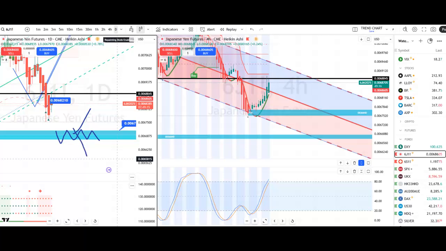We just don't know. But we do know there is demand at that point for the yen futures. So in other words, we do expect the price to give way in the next few days and then start to move down back into demand again. And that gives us the opportunity to buy the euro yen, the pound yen, Swiss yen, etc. in the next probably 24 hours or so.